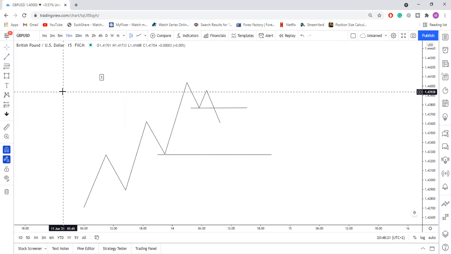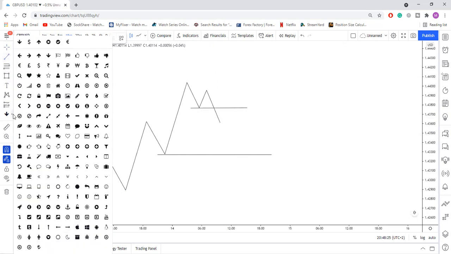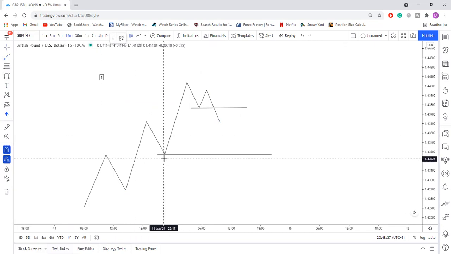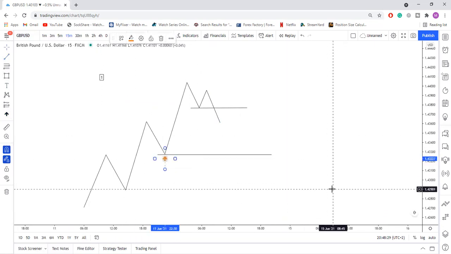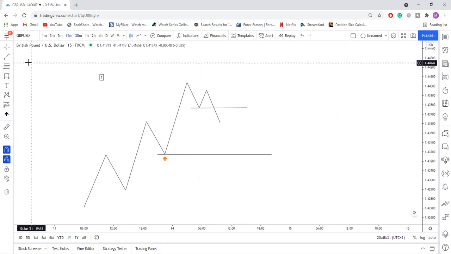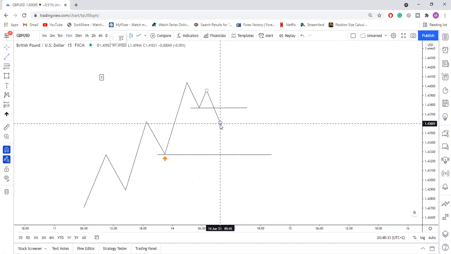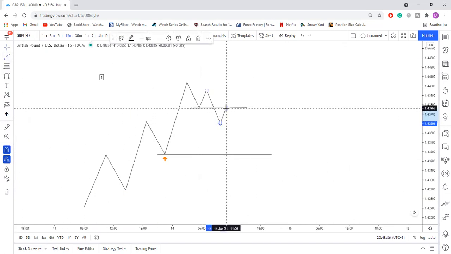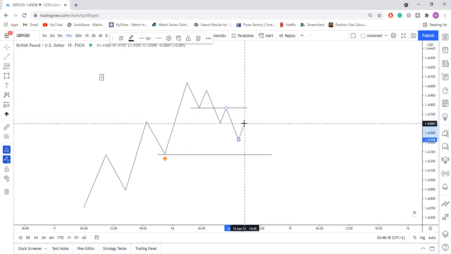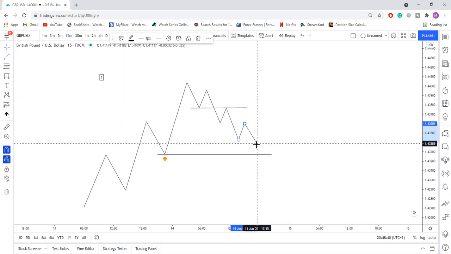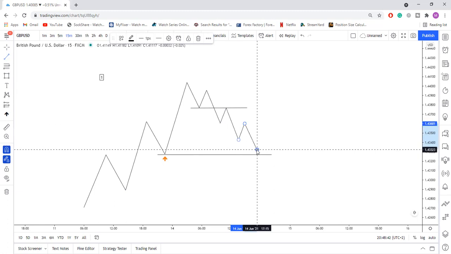This is what we call a complex pullback, guys. Remember what I said: as long as price stays above the higher low, we are still bullish. So price can do this all the way down. Price can form a downtrend all the way down, and people can start selling.